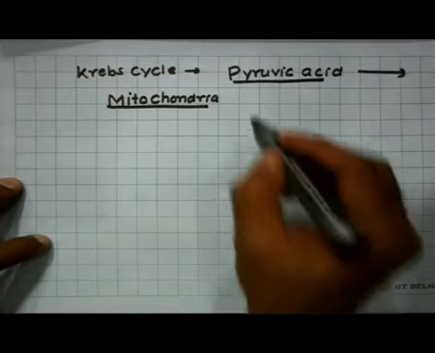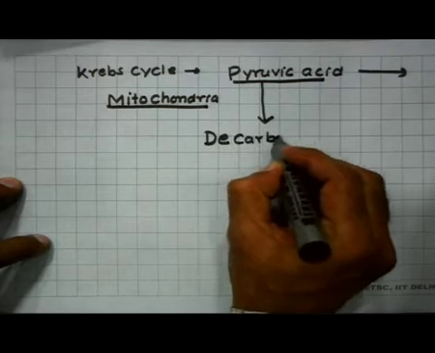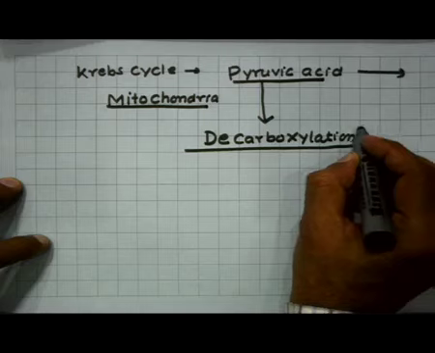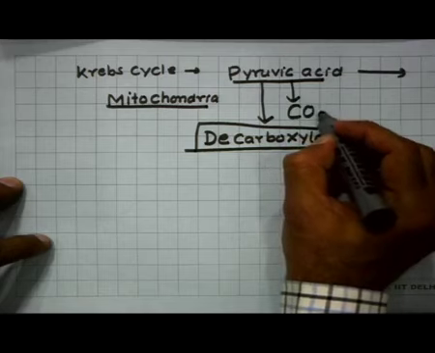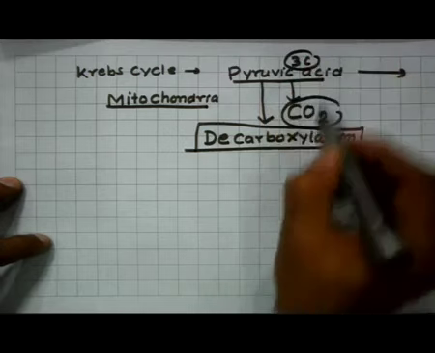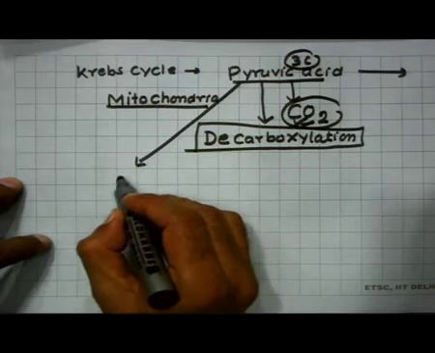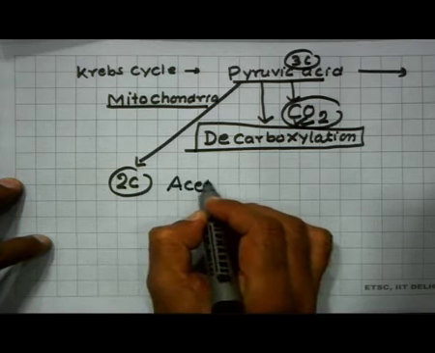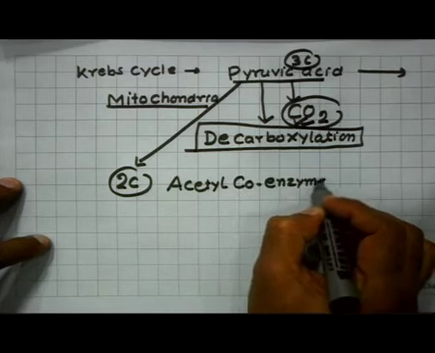The pyruvic acid undergoes decarboxylation, which means carbon dioxide is released. Pyruvic acid, which is a 3 carbon compound, when one carbon is released in the form of carbon dioxide, forms a 2 carbon compound, called acetyl coenzyme A.